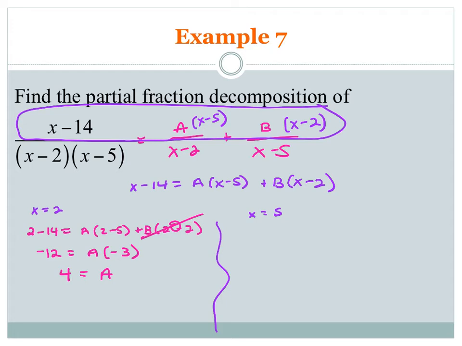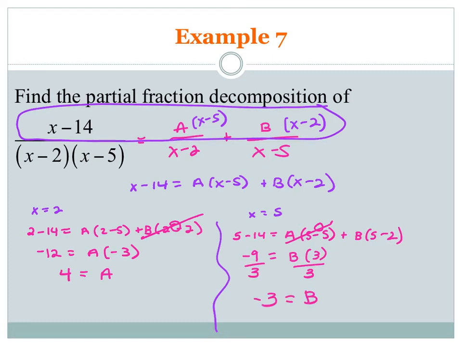Then repeat it with 5. 5 minus 14 equals a times 5 minus 5 plus b times 5 minus 2. Negative 9 equals, this would be 0, that would be gone, b times 3. Divide by 3. And b is negative 3.